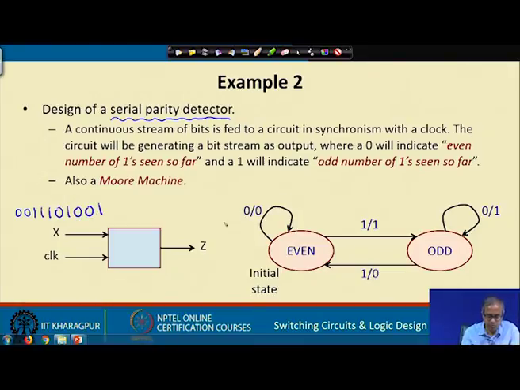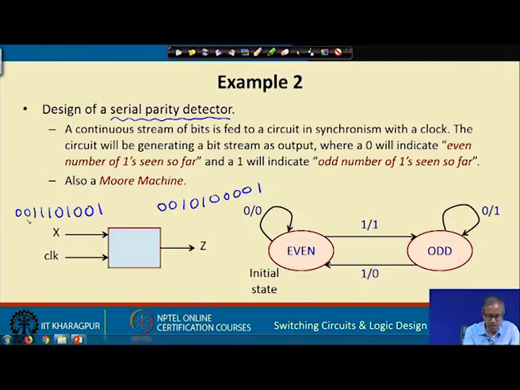And the output will also be generating a continuous bit pattern something like this. So, what will it indicate? This will indicate the parity of the input bit stream.